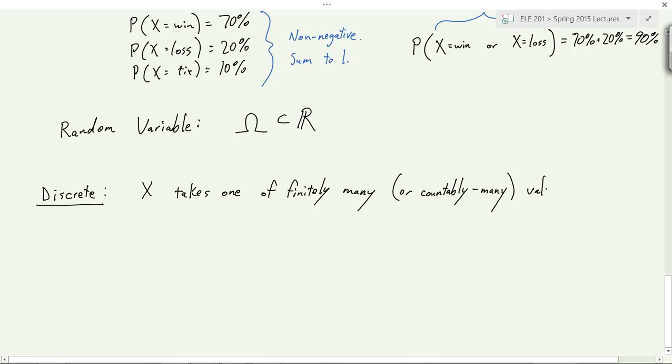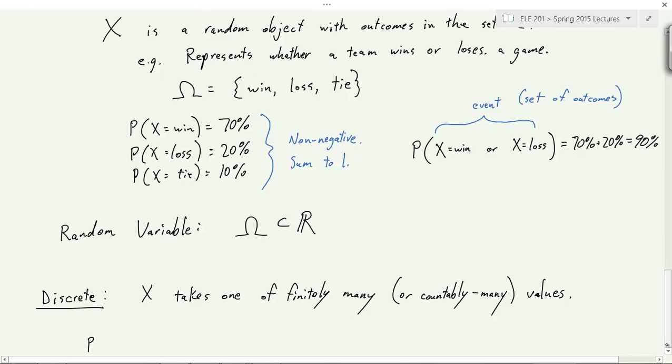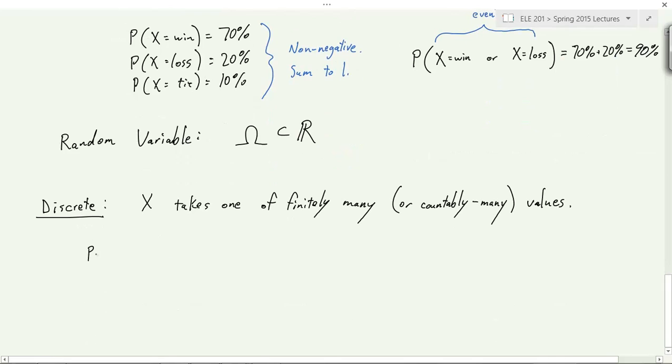Okay. For now, just think of this as finite. If you have such an X where it's taking on this set of values, then we can define the distribution. By the way, the distribution is the name of what we call this assignment of all the probabilities. Okay. So we have what's called a probability mass function.